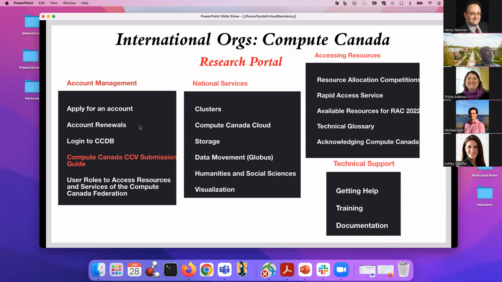So if you're looking for an account, you just go to account management. If you're looking to get an allocation, I think you go to accessing resource allocation. It's competitive. You apply for a resource allocation through the portal, and it seems like they have an annual bid for resources.